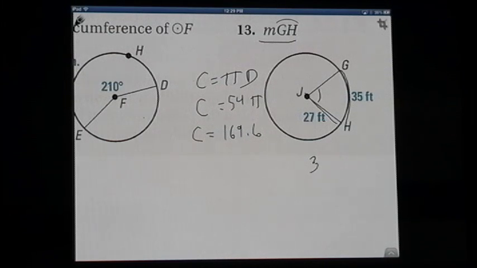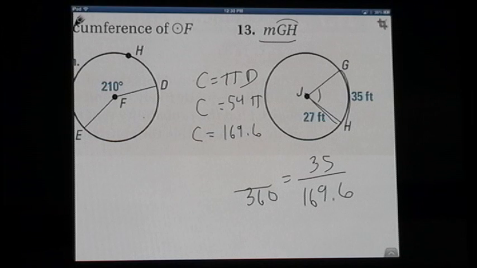Okay, 35 feet is to 169.6 as some number of degrees that we don't know yet, x, is to 360. And then we would get 169.6x is equal to 35 times 360.